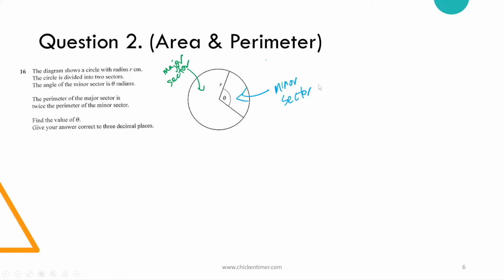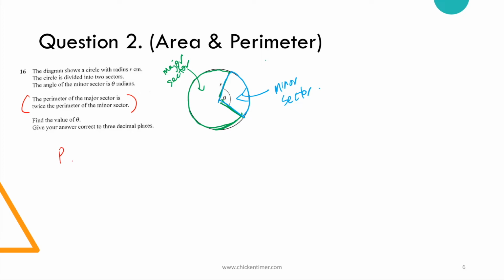The question says that the perimeter of the major sector here is twice the perimeter of the minor sector. So that's where we start.